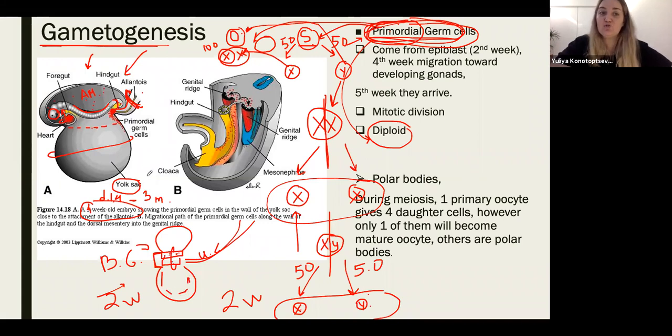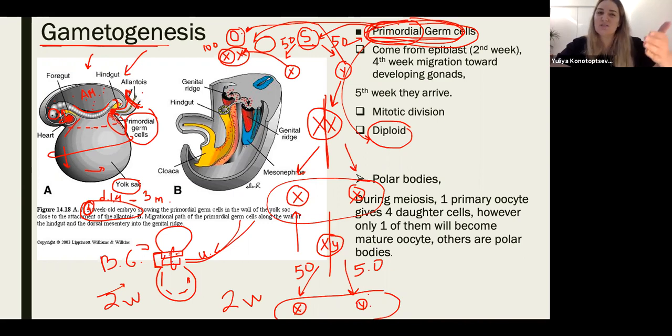This is why during the 4th week of embryological development, you can see PGCs on the posterior wall of the yolk sac. So it takes them 2 weeks to come from the epiblast, detach, migrate around the wall of the yolk sac, and reach the posterior wall of the yolk sac.